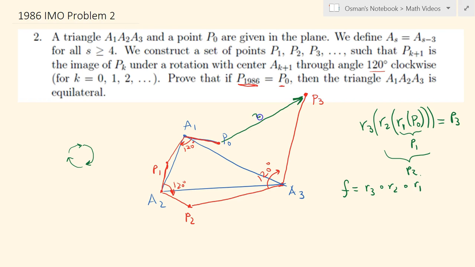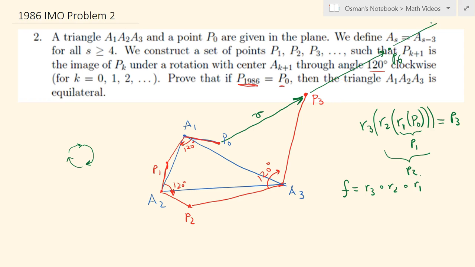So we have this vector V, this green vector. I claim that each time we repeat these successive rotations around points A1, A2, and A3, we get this translation from P0 to P3, and then from P3 we will go to P6, so P6 will be somewhere here, sorry for messing up the picture, and so on.